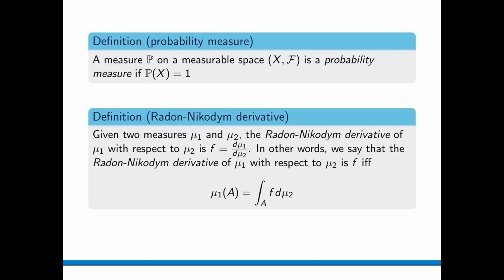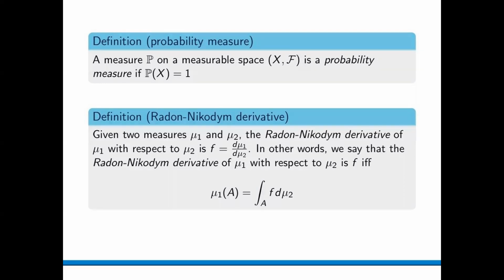We'll then give a very important result called the Radon-Nikodym derivative. The Radon-Nikodym derivative is a definition that describes the relation between two measures. Given two measures mu1 and mu2 on the same sigma algebra, there's an f called the Radon-Nikodym derivative if the mu1 measure of A equals the integration of f over the set A with respect to measure mu2.